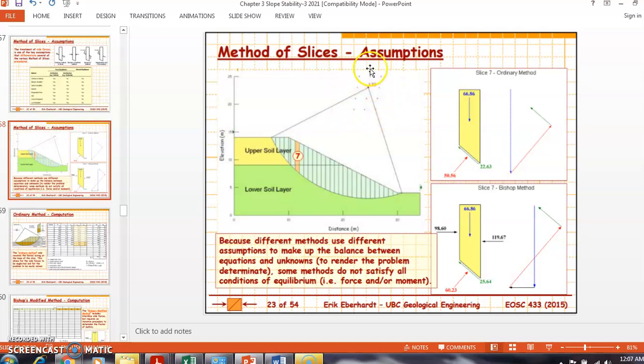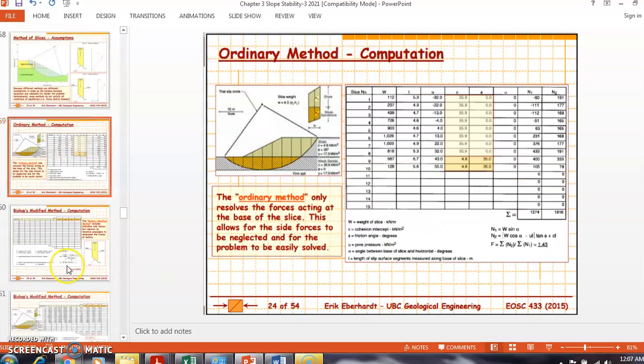So when you use software, you have to do it quite a few times to ensure that you get the best origin of the radius for the slip surface.